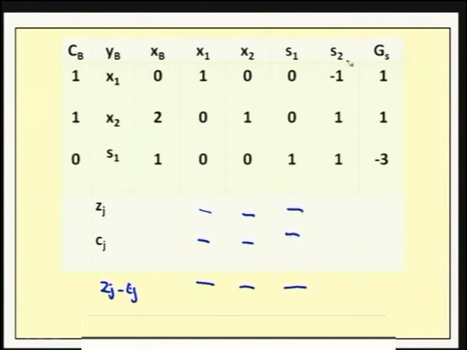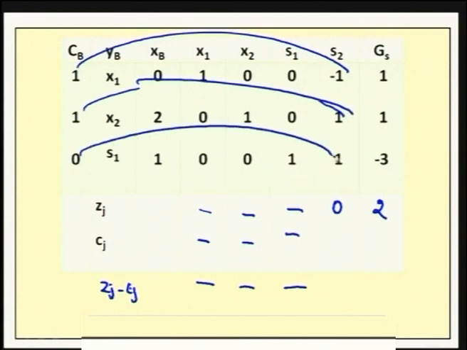Now, for S2, our Zj minus Cj value is 1 into minus 1 plus 1 into 1, which is minus 1 plus 1, so it becomes 0. Now, for Gs, 1 into 1 plus 1 into 1 will become 2, and this cost will become 0. Therefore, for S2, 1 into minus 1 plus 1 into 1 plus 0 into 1 becomes 0.